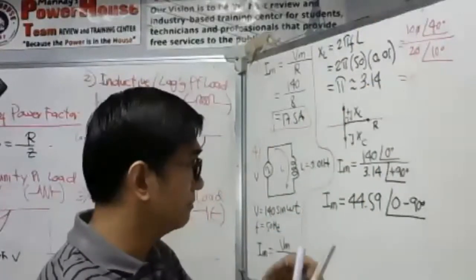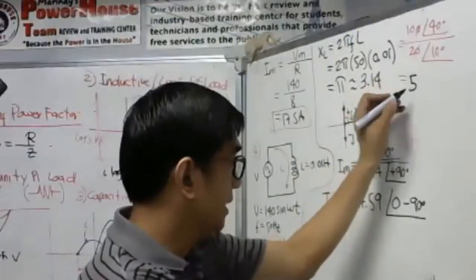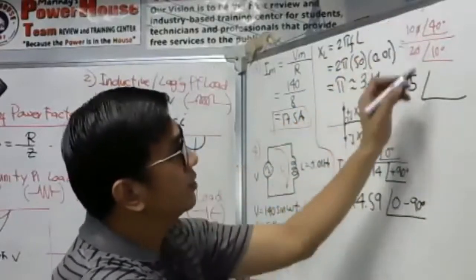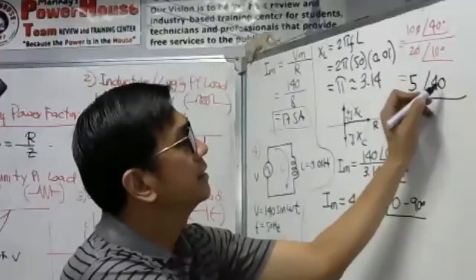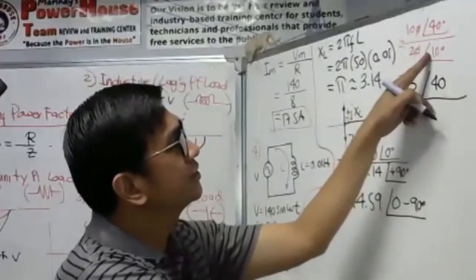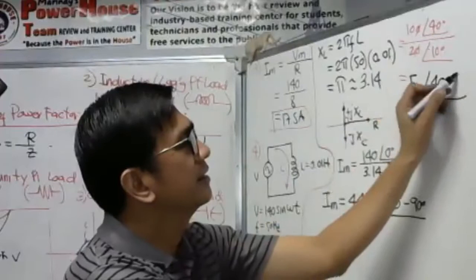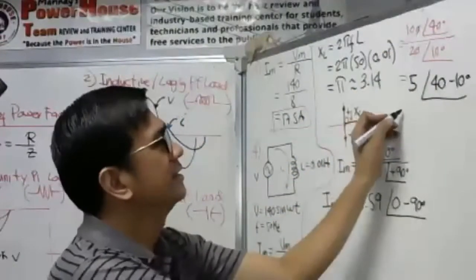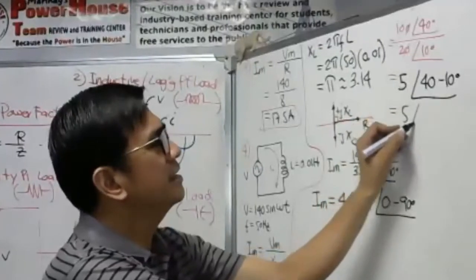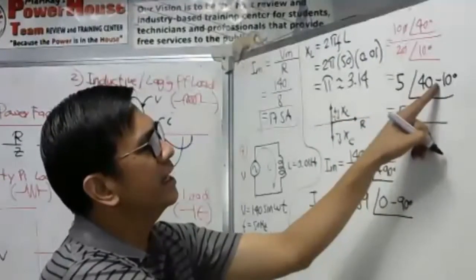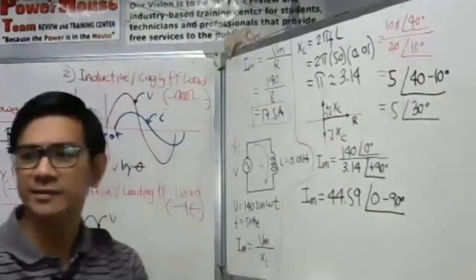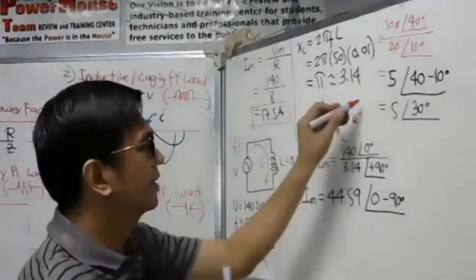And for the angle, if we are dividing, you have to subtract. You don't divide it. So, the answer will be 40 minus 10, that will become 30 degrees.